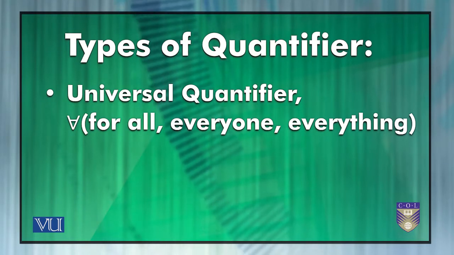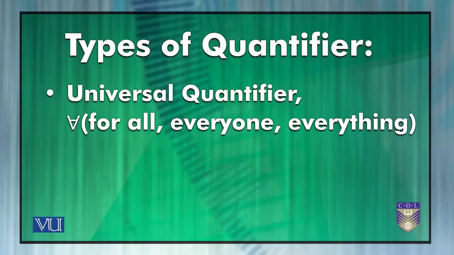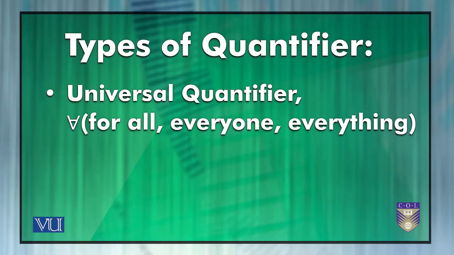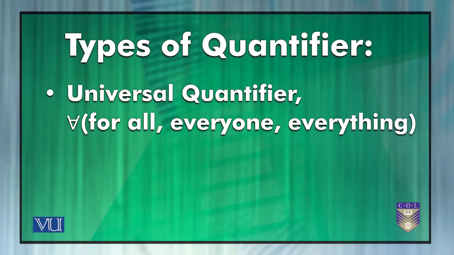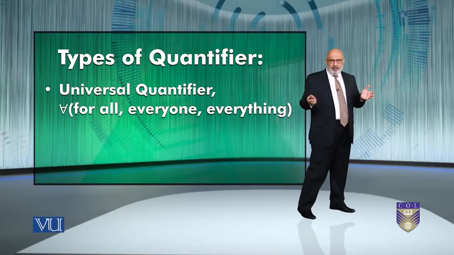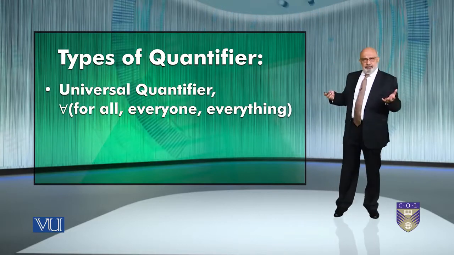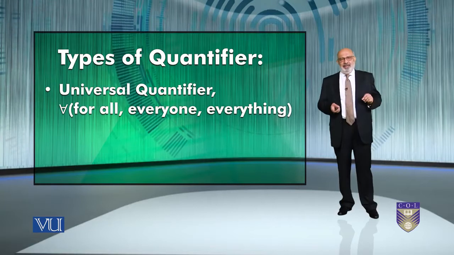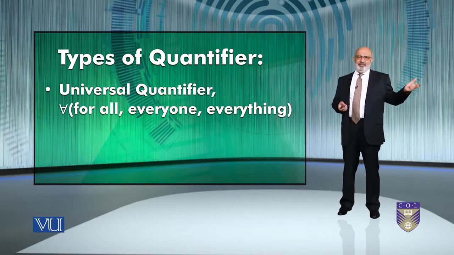One is a universal quantifier, meaning something that applies to everyone. There is a particular symbol used for that, which is an inverted A. So this universal quantifier can specify that all humans, if we were to represent that, all humans are mortal, right? So you would need to use this universal quantifier. We'll see examples of this.